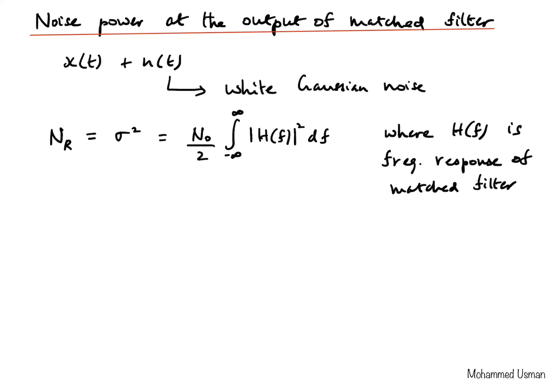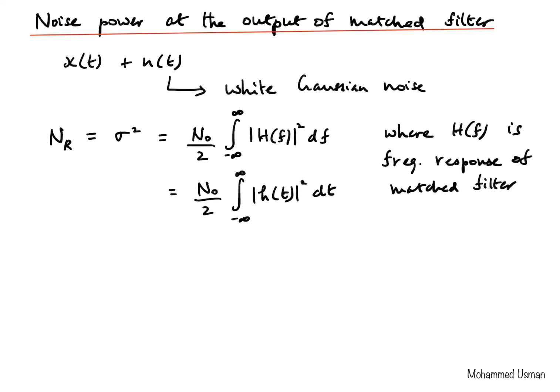But then we can write this as N naught by 2, and replace the frequency response with the impulse response. It would give us the same result, because they are linearly related: the integral from minus infinity to infinity of h of t squared dt.